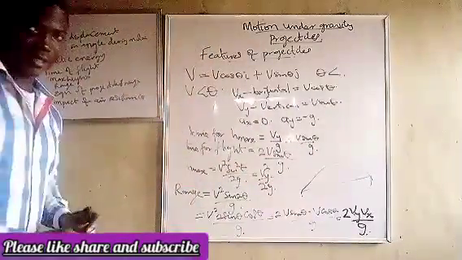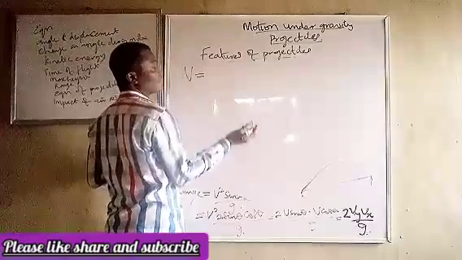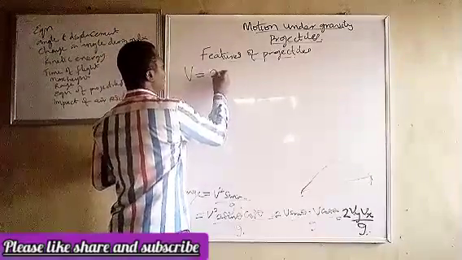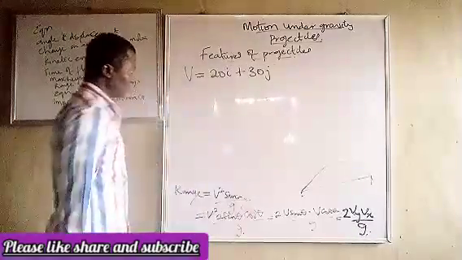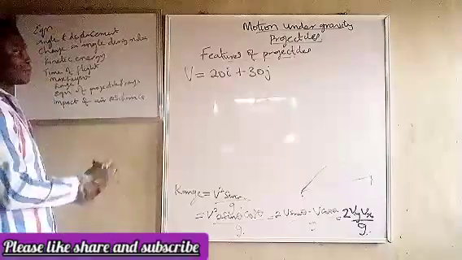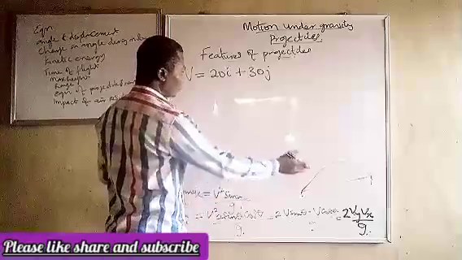What does that imply? It makes our work easy. For example, if we are given a velocity vector like this, let's say 20i plus 30j, and we are asked the range and the maximum height, you just come here, you know what your Vy is, what your Vx is.